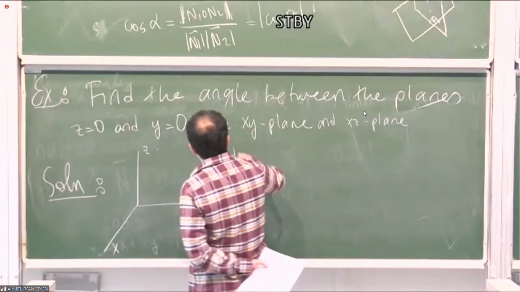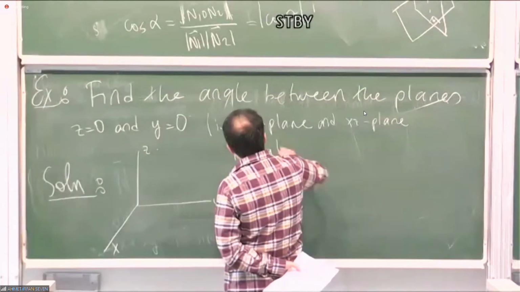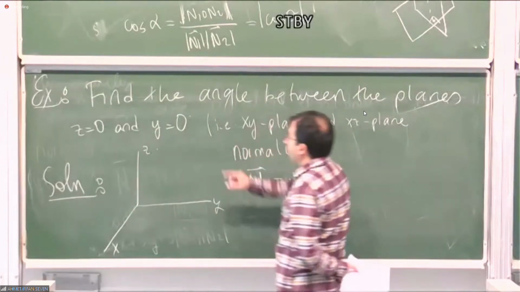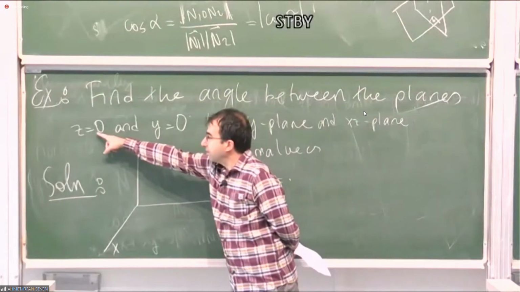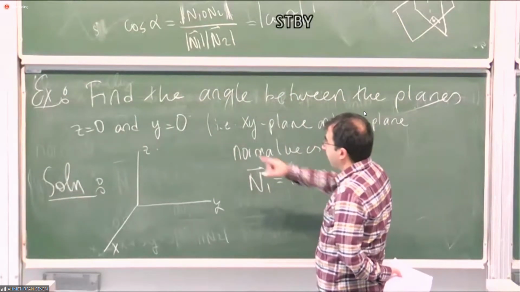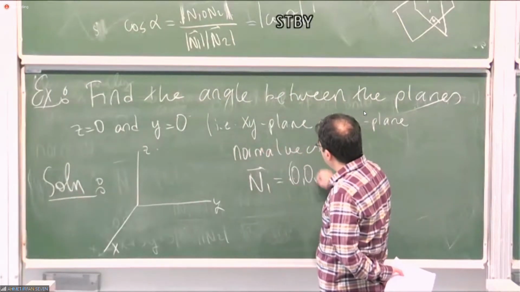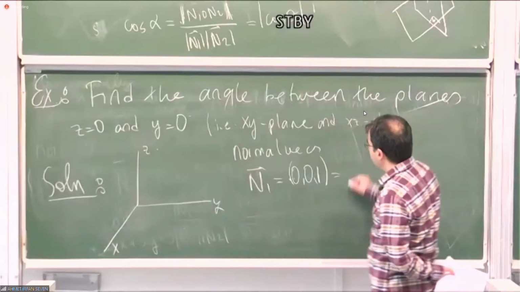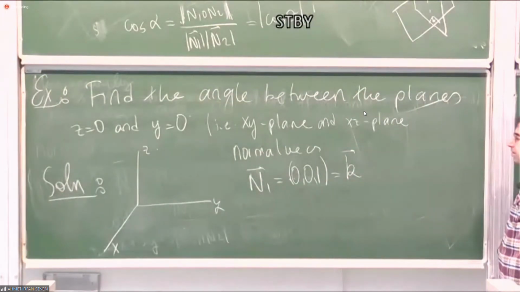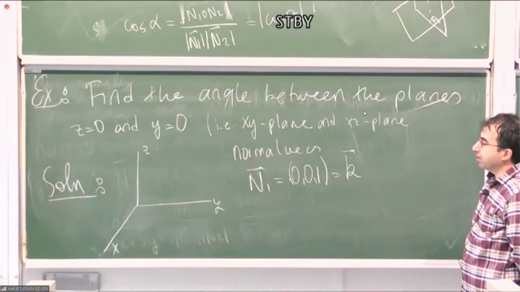So normal vectors, let's write. N1, the normal vector of the first equation, is 0, 0, 1. This is what we call k, right? This is the normal vector of the xy plane.